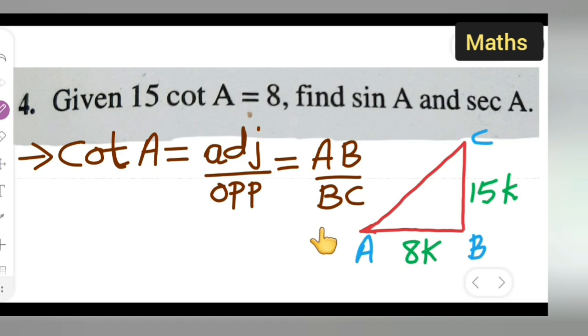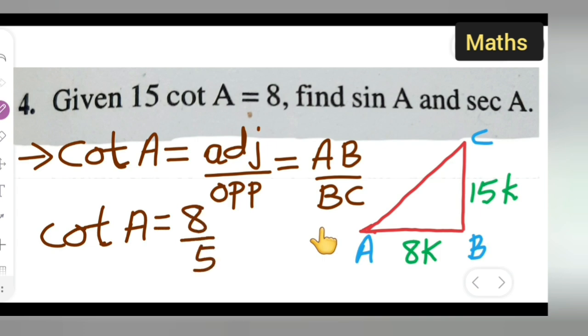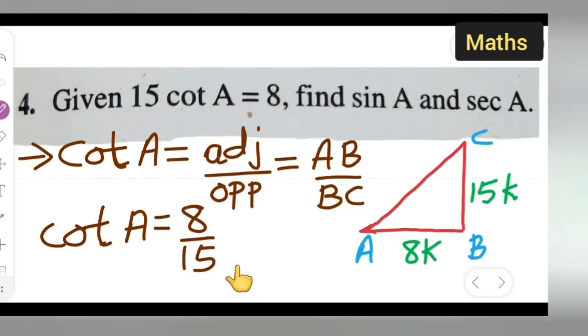Now cot A is given to be what? Cot A is equal to 8 upon 15. We have to just bring this 15 down. So cot A is equal to 8 upon 15. This implies that AB upon BC is equal to 8 upon 15, because cot A is given to be AB upon BC, which is equal to 8 upon 15.